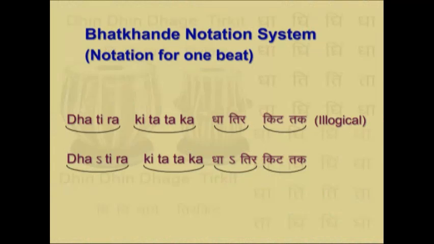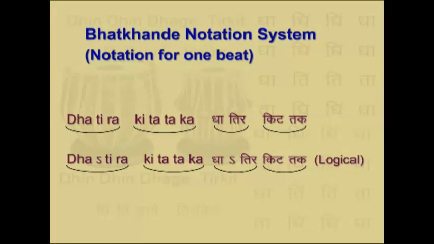And if I say it, what happens is that in the first beat you are writing 3 varnas, Dhatira. In the second beat you are writing 4 varnas, Ketataka. So it is illogical. Actually this phrase is Chatashragati, Dha Tira Ketataka. But you have to write Dha S Tira in the first beat to maintain the Chatashragati.